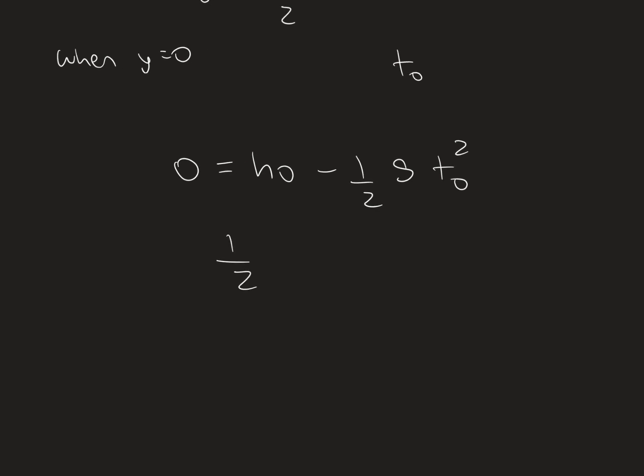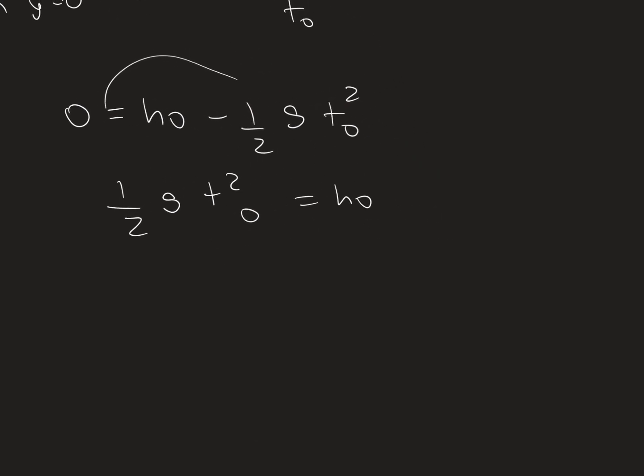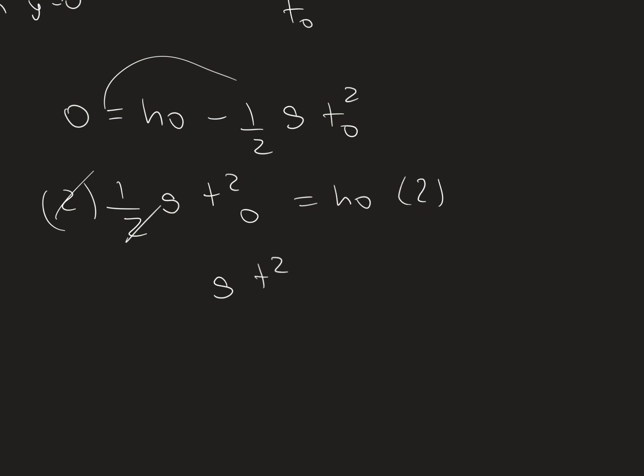So as we solve for t0, I'm gonna do the following. I'm gonna move this to the left side to make it positive. 1/2 g t0 squared equals h0. Now I'm gonna multiply 2 on both sides. We get rid of this one. We got g t0 squared equals 2h0.